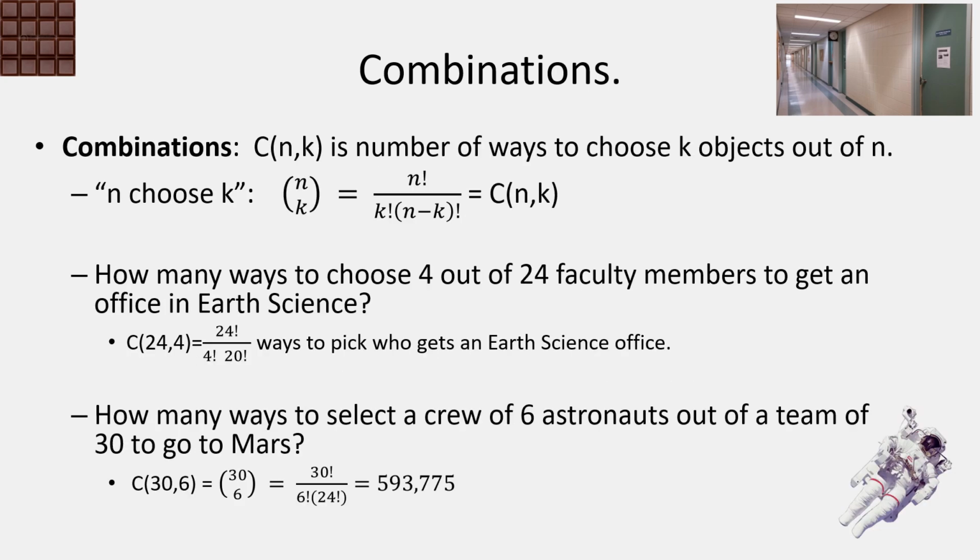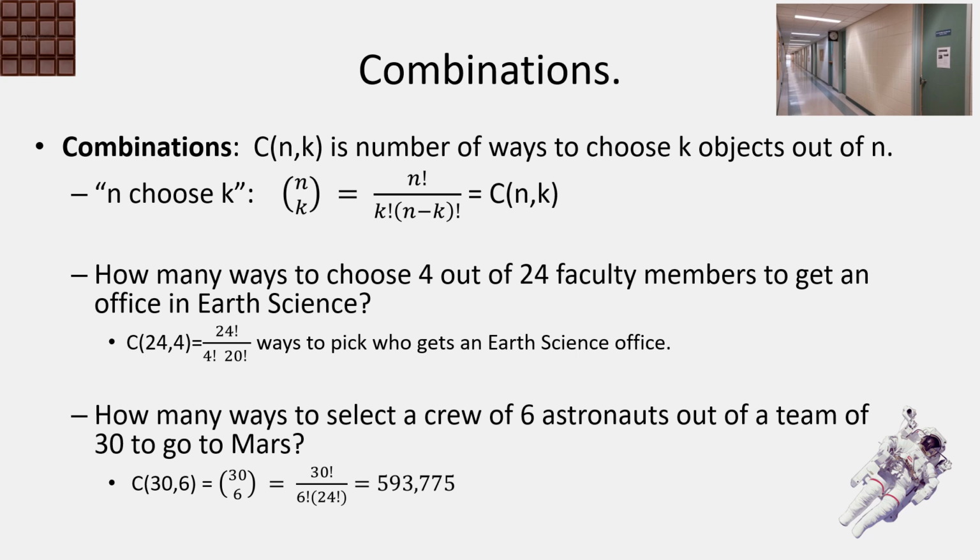So this is now called not a permutation but a combination. In permutation, we really cared about order of things, what is the sequence of things. In combination, we just care about the number of ways to choose k people to go to earth science, k objects out of n objects.